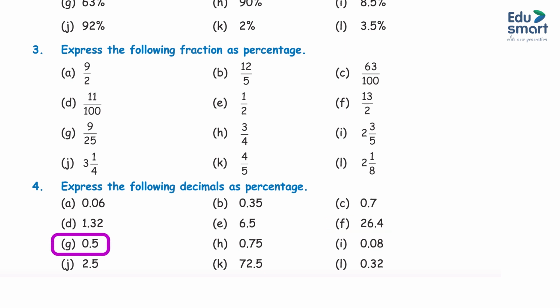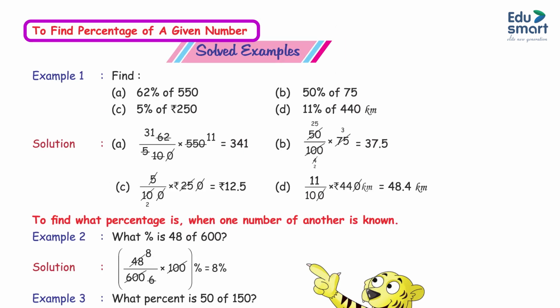G 0.5, 50%. H 0.75, 75%. I 0.08, 8%. J 2.5, 250%. K 72.5, 7250%. L 0.32, 32%.